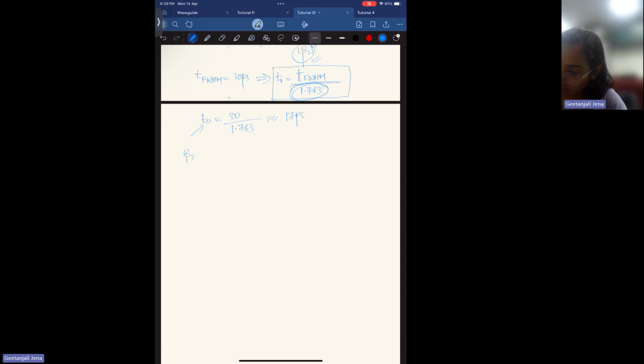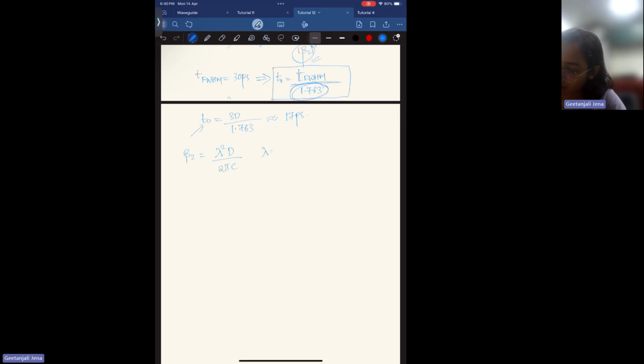So beta 2, if you recall the previous lecture, I think in week 4, we have seen the expression for beta 2 in terms of the dispersion parameter. This is given by lambda square D over 2 pi c.